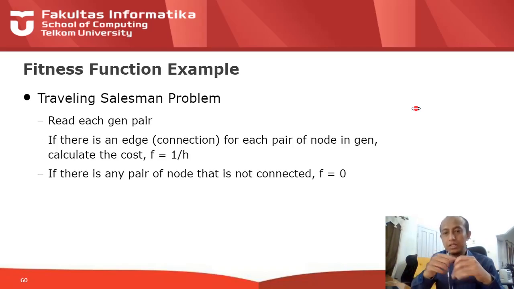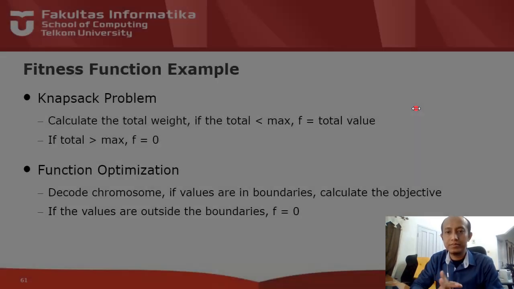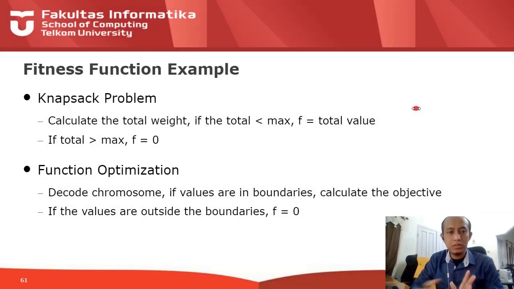Then the fitness function f becomes 1 per h, where h is the total distance of all visited cities. However, if there is any pair of cities that is not connected, then f becomes 0, as the solution is unusable. This one is an example fitness function for the knapsack problem. This one is for optimizing an objective function.